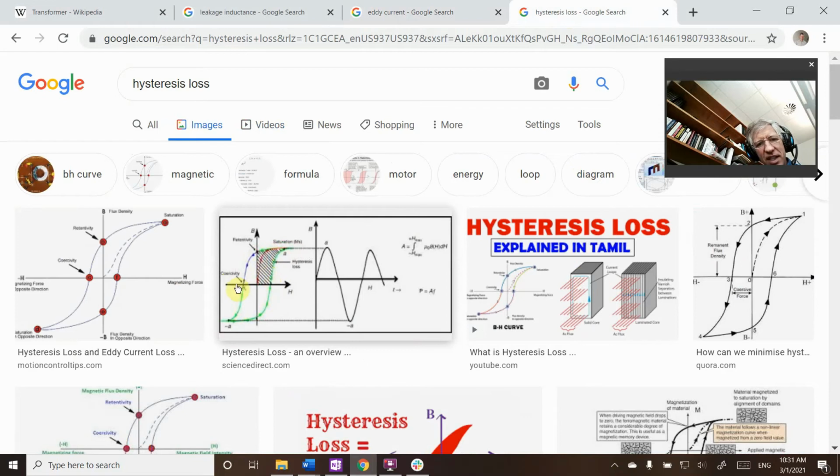The skinnier this is, the less hysteresis I have in my material, and the less loss I end up getting. That's called a soft magnetic material rather than a hard magnetic material, used to reduce the hysteresis loss. And that's just going to produce heat as well.